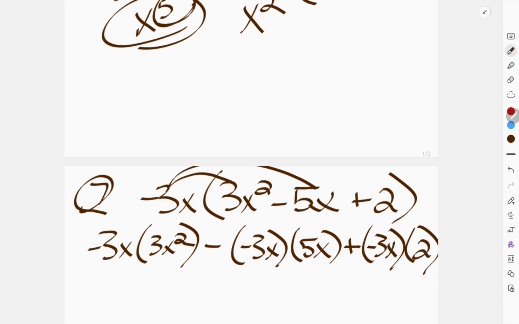That 3x that you have there is being multiplied by everything that you've got. So negative 3 times 3 is negative 9. X times x squared is x to the 3rd. Why is that? Because 1 plus 2 is 3. I have a negative right here on the outside, and I have a negative on the inside.